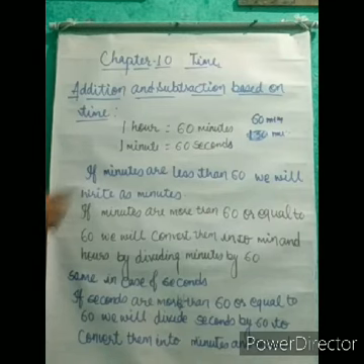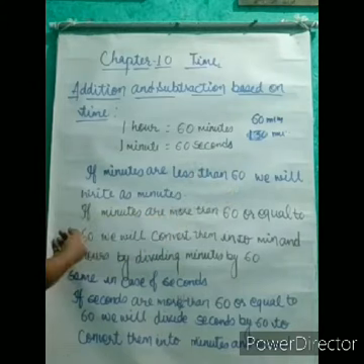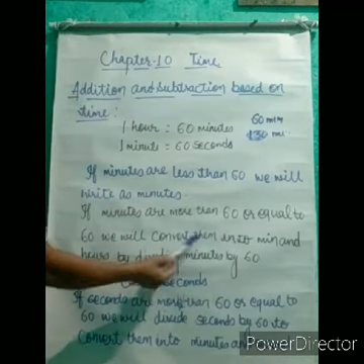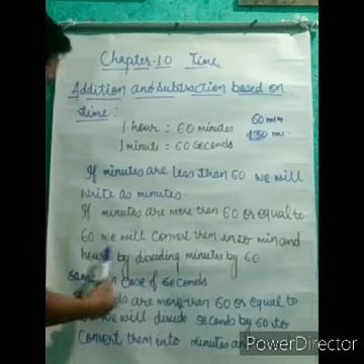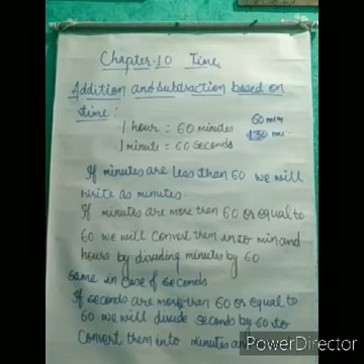So what we will do: if the minutes are given more than 60 or equal to 60, we will convert them into hours and minutes by dividing the minutes by 60.